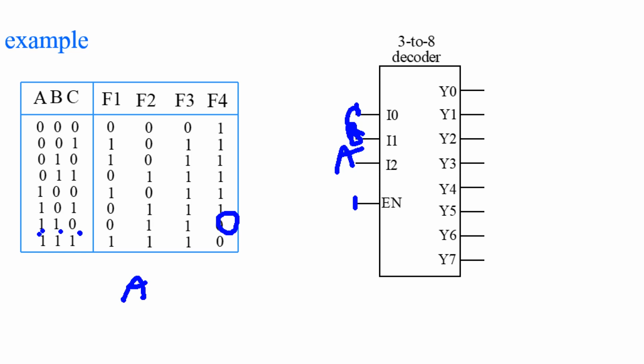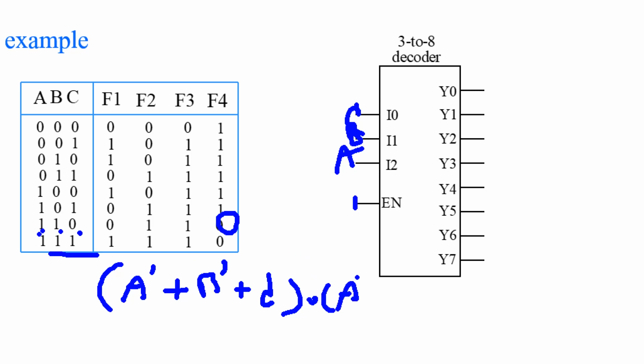So you can write A prime plus B prime plus C. And for this one, A prime plus B prime plus C prime.